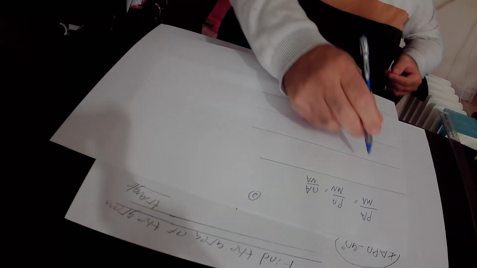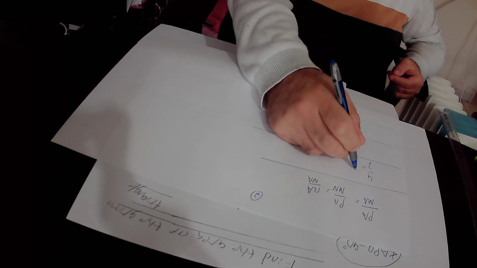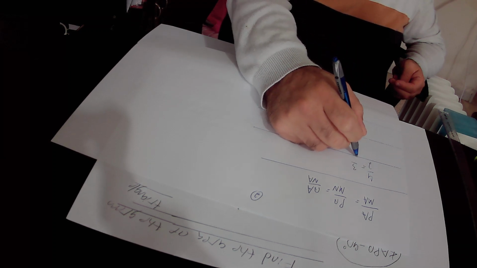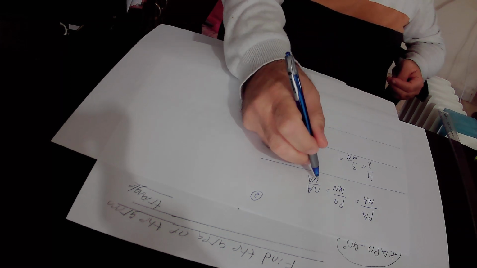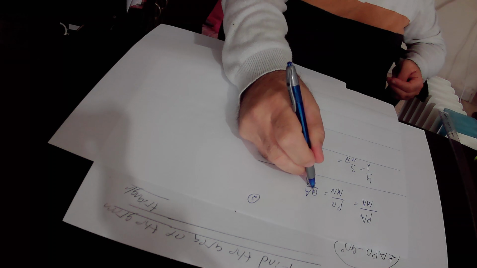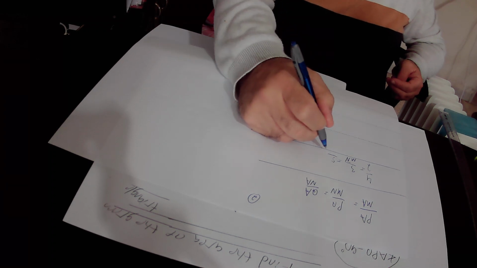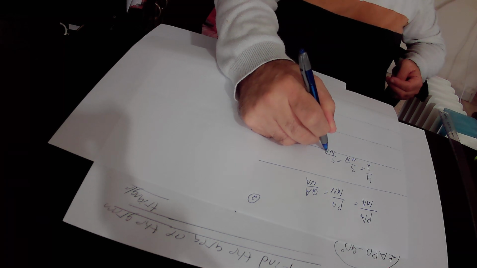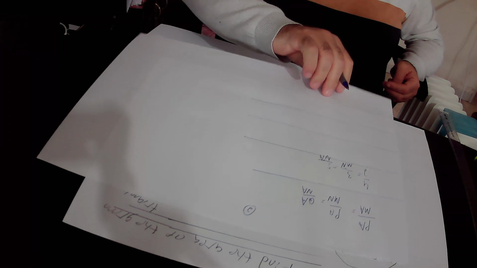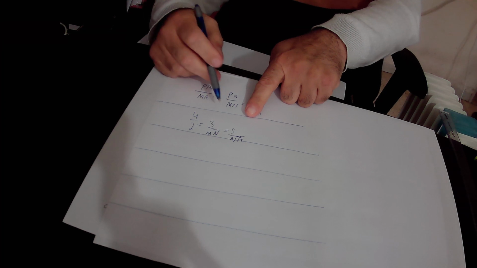PA is 4 over MA is 2, and it is equal to PQ is 3 over MN that is unknown, so we leave it as it is, and it is equal to QA is 5 over NA that is unknown, so we leave it as it is. In conclusion, we found out that 4 over 2 equals 3 over MN equals 5 over NA.